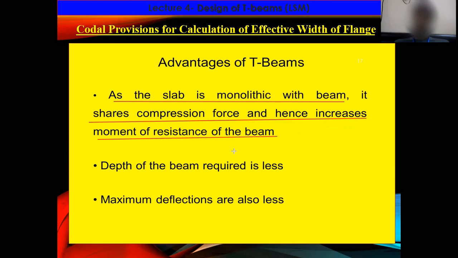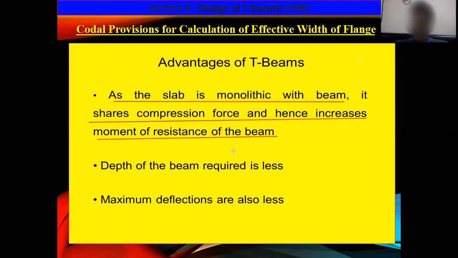As I told, while constructing, we construct the slab and beam at a time, and some stirrups and bent up bars extend into the slab. Therefore, it will act as a single member, that means it will act monolithically. When you apply the load, both will react, right? So I would like to take advantage of the slab also.